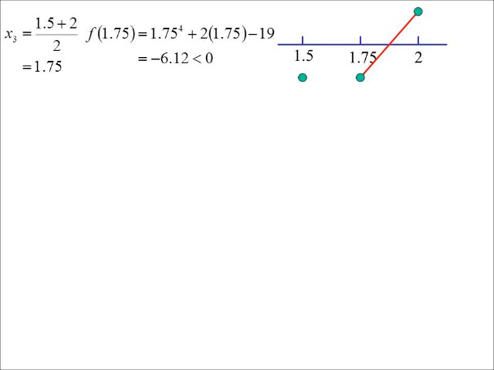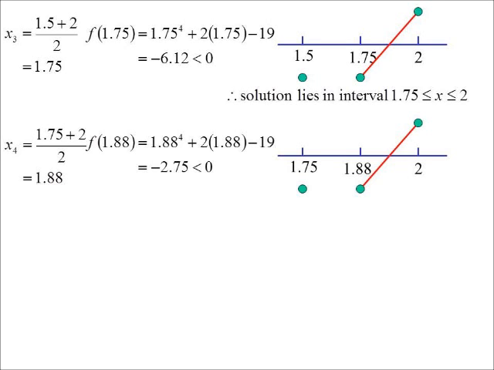I can halve that interval. The average of that is 1.75. It turns out to be negative, so the solution must be between 1.75 and 2. I'll average those and get 1.88, and that turns out to be negative. So the solution is in between 1.88 and 2.